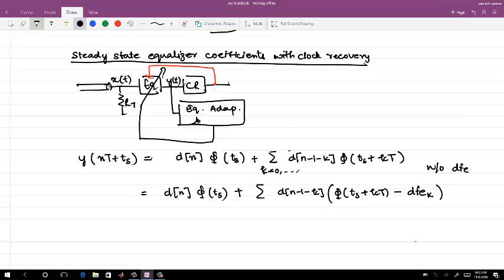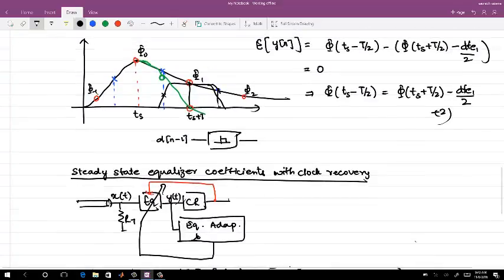Right now I'm assuming that, whether it is fully cancelled or not, I'm still not writing that. I'm just saying that the post cursor ISI, which is caused by the previous bit, is d[n-1-k] times phi(Ts plus kT). Okay, and we are trying to cancel that ISI with dfe[k], and at the data sampling point there is only one cancellation happening.